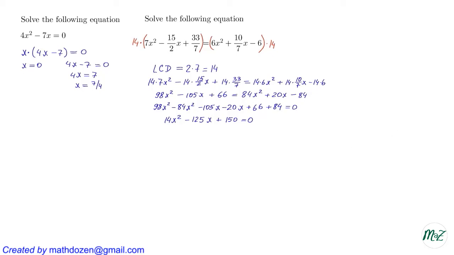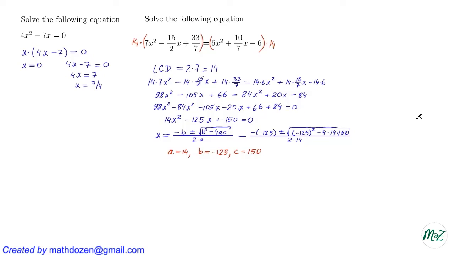So on this, we certainly can use the quadratic formula. So x is equal to negative b plus or minus the square root of b squared minus 4ac, all of that divided by 2a. So we're going to set it up with a equals 14, b equals negative 125, c equals 150.